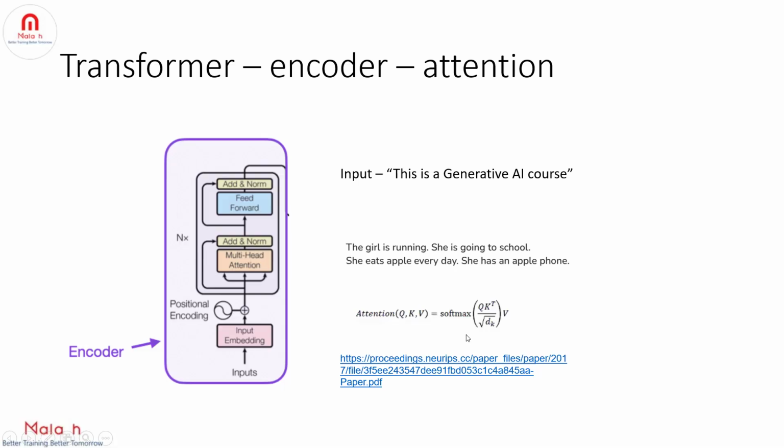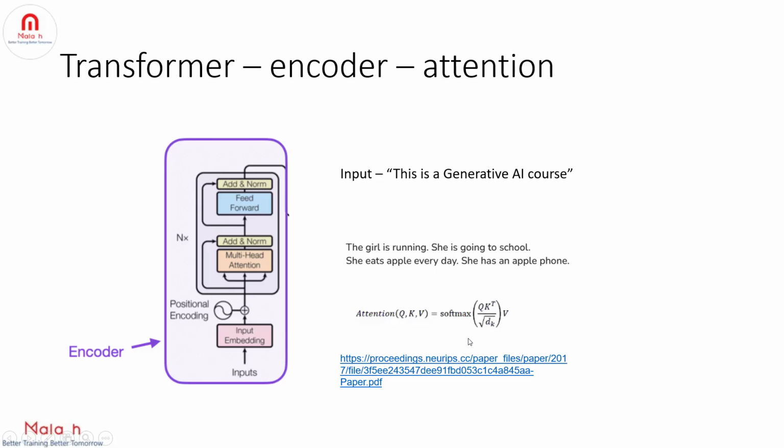Embeddings plus positional encoding of the word this will be multiplied with the query matrix, then we'll get the query vector. Similarly, embeddings plus positional encoding of the word this will be multiplied with the key matrix, then we will get the key vector. And similarly, with the value matrix we will get the value vector.